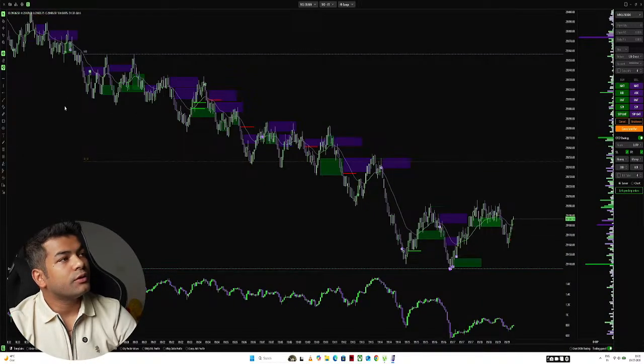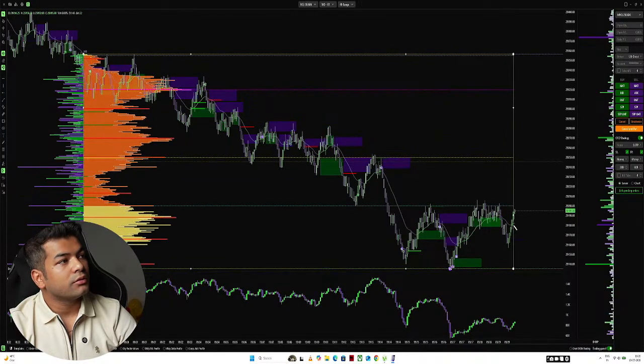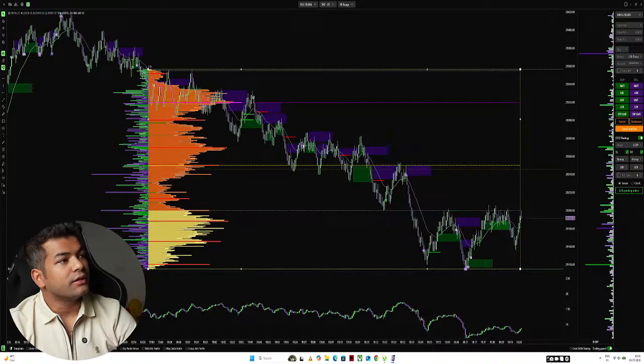So if we look at the volume profile from the opening, we can clearly see that the sellers are winning the game, and that is why the price is going down. So these purple lines, you can see, these are the seller delta.